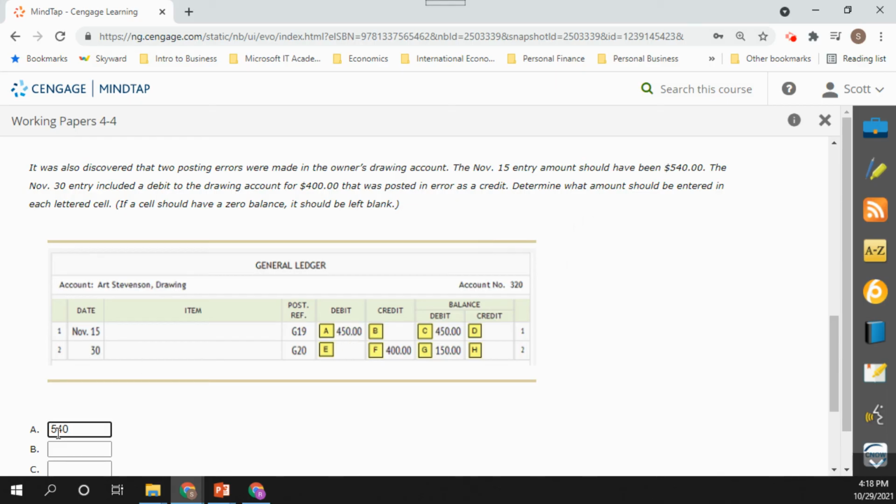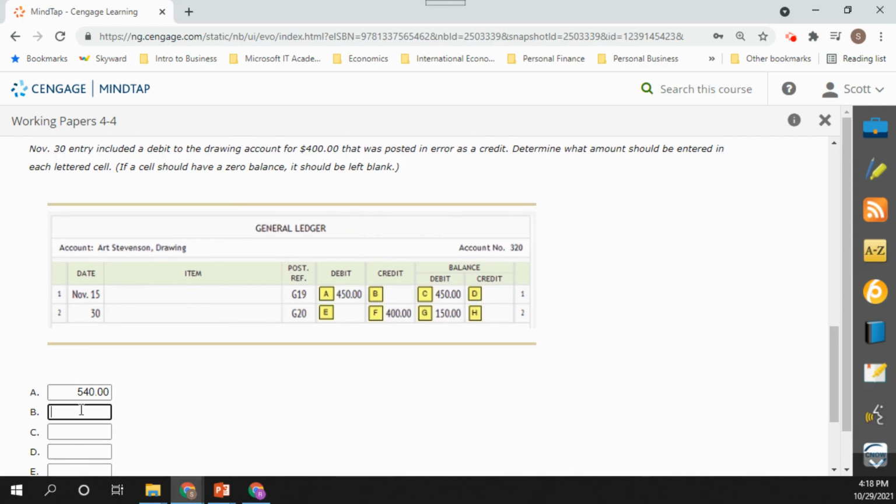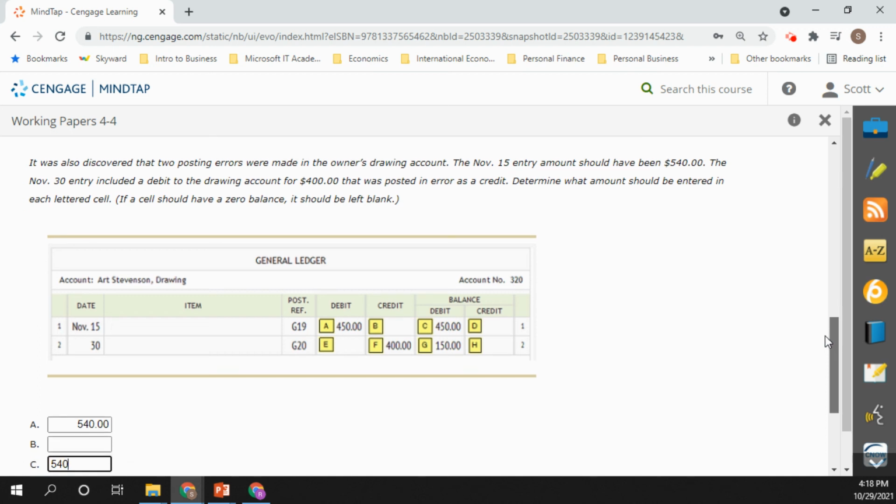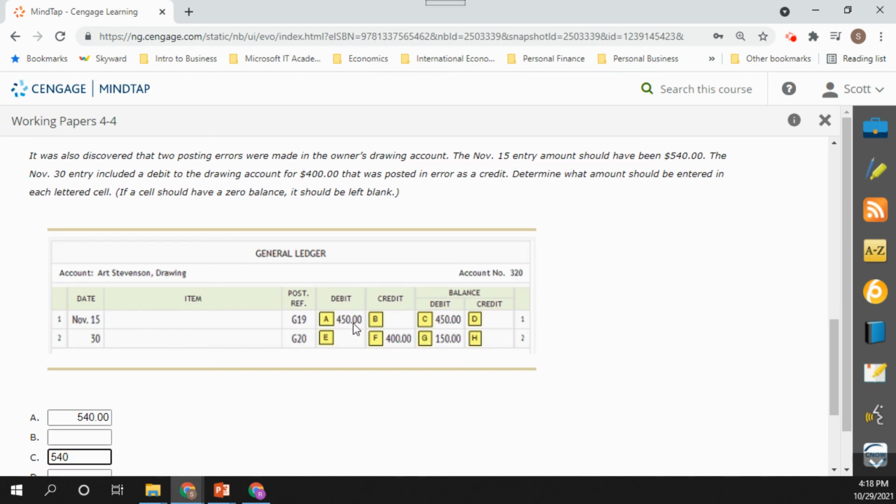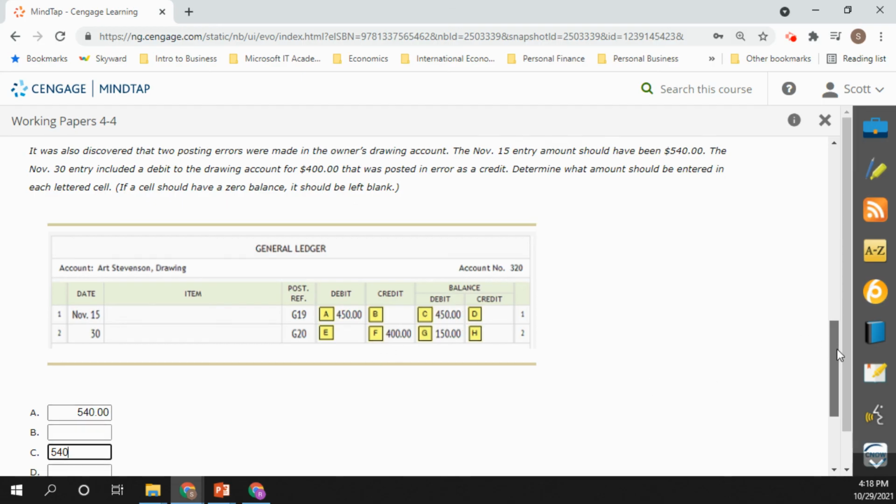I'm going to say 540. Cell B, nothing. Cell C should have a new balance of 540 to correct that previous thing that was misposted. So we'd cross out 450, put in 540, cross out 450, put in 540 up above.